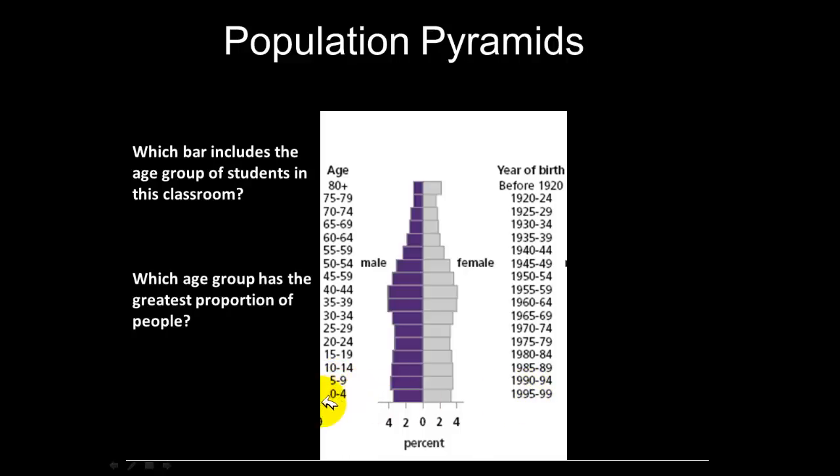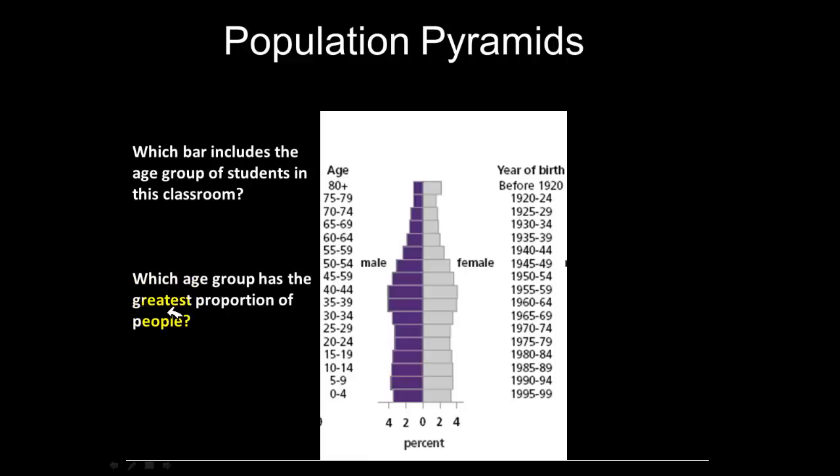At the time we made this population pyramid, you were in the age range of 0 to 4. Just illustrating my point: if we were to make another population pyramid today, you would be right here, in either the 10 to 14 range, or a safer bet, the 15 through 19 range.